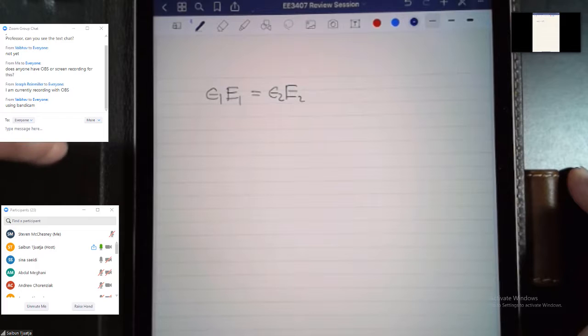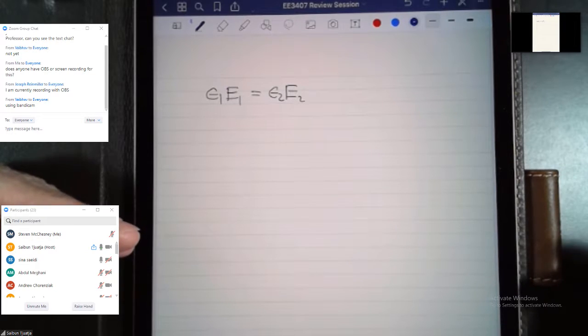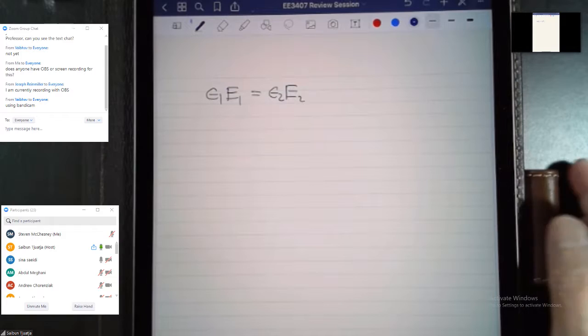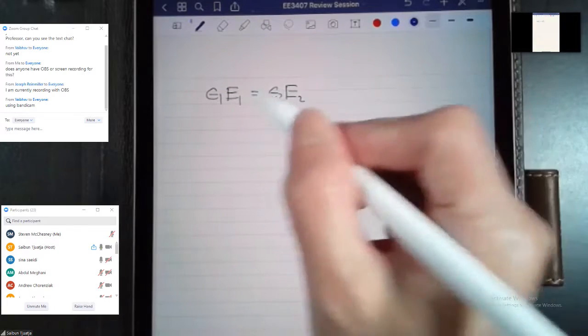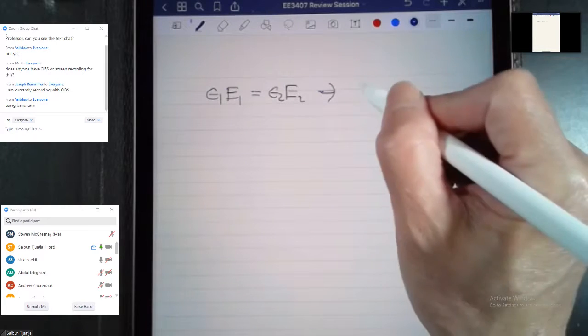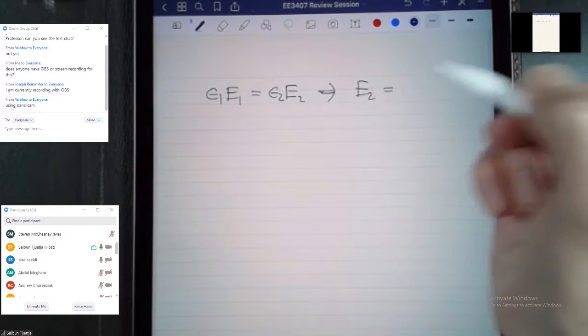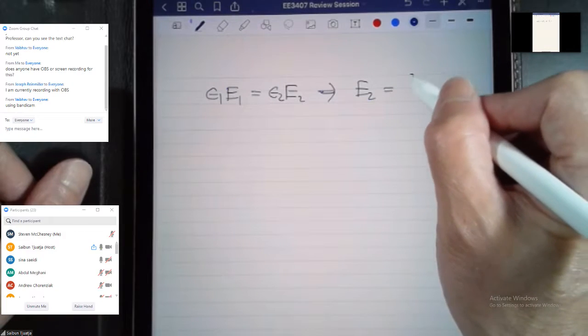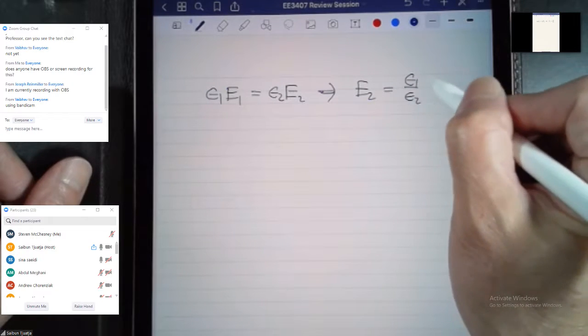And at the interface between two dielectrics, the normal component of the electric flux has to be continuous, right? So I also know that therefore I can express E2, again the normal component, equal to epsilon 1 over epsilon 2 E1, right?